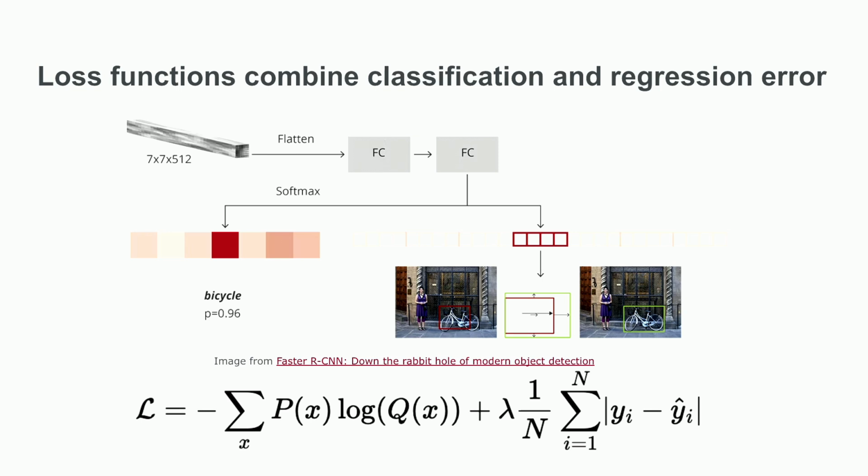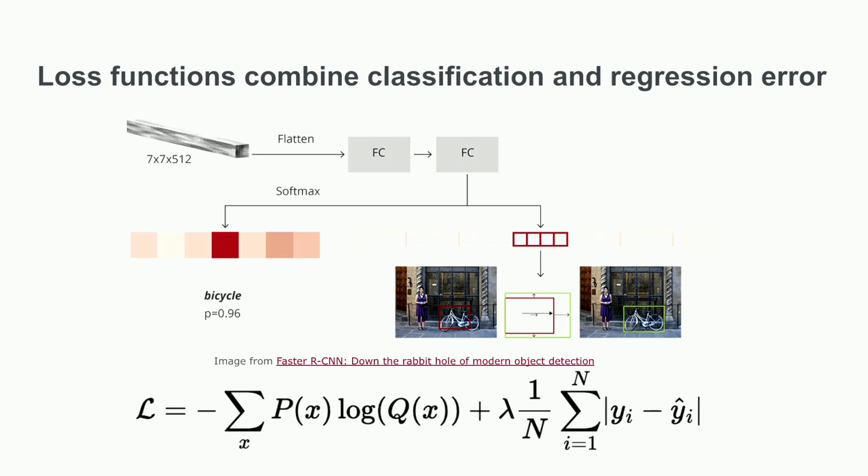The network is going to output both these class probabilities and the box coordinates. We're going to have this probability for this being a bicycle with some number, and here we evaluate the cross-entropy loss. And then we're going to have the coordinates for the bounding box, and here we can also evaluate a loss. How off are we in these coordinates?